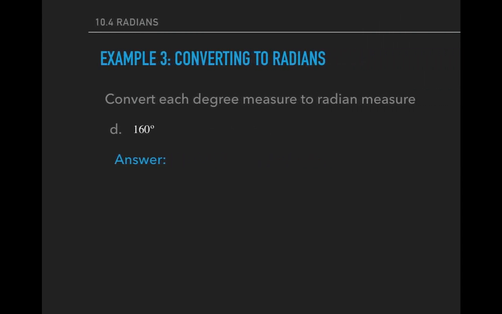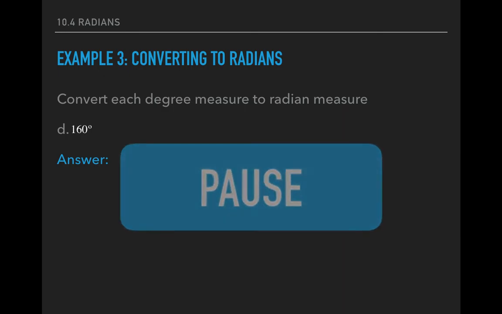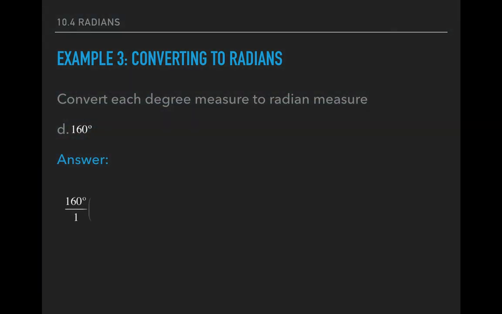One more. This is the last problem, guys. Again, challenge yourself. Come on, I want you guys to do it. Pause the video, make it happen. All right, let's see, what do we have here? 160 degrees. Let's make sure we set it up so that degrees cancel out.